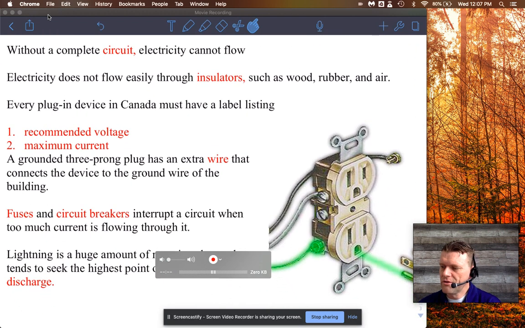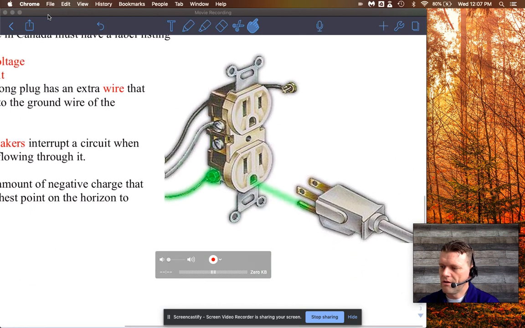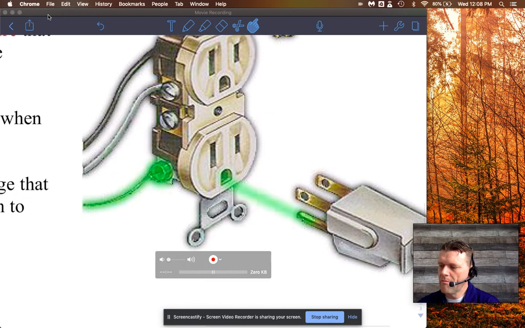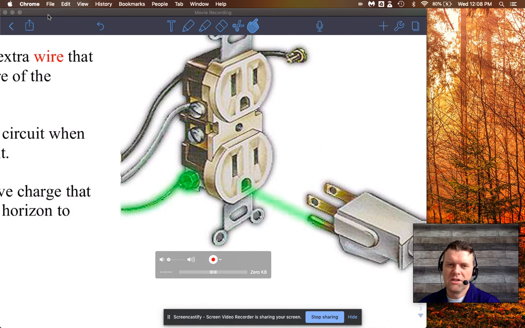Another safety feature, though, is the third prong in a 3-prong plug, which is shown right here. That bottom prong actually doesn't connect with the electrical power or energy in your house.